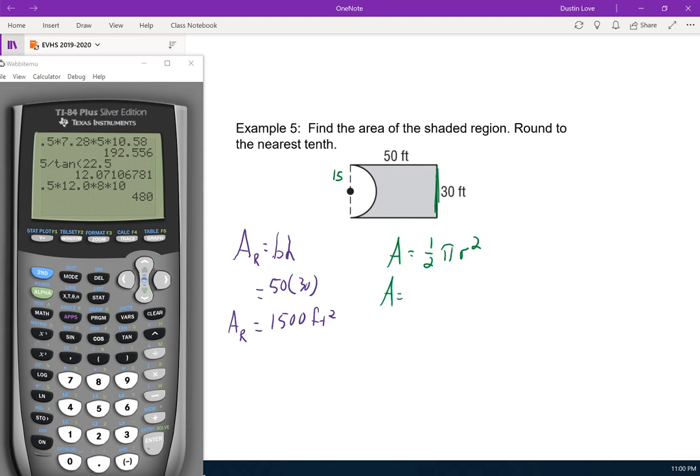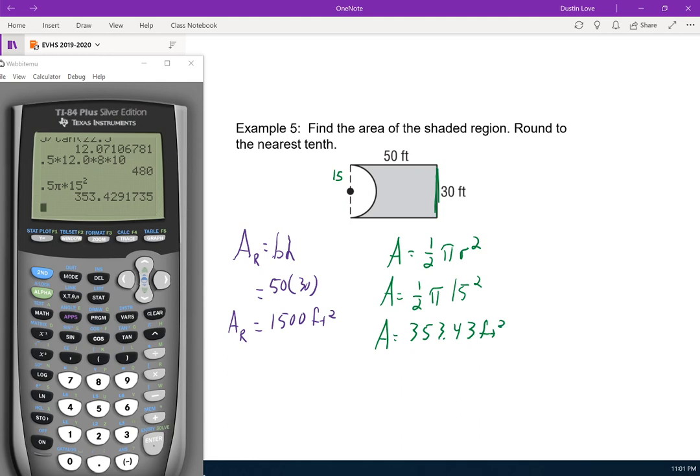So this is just area equals 1/2 times pi times 15 squared. Jump to the calculator. 0.5 pi times 15 squared is 353.43 feet squared.